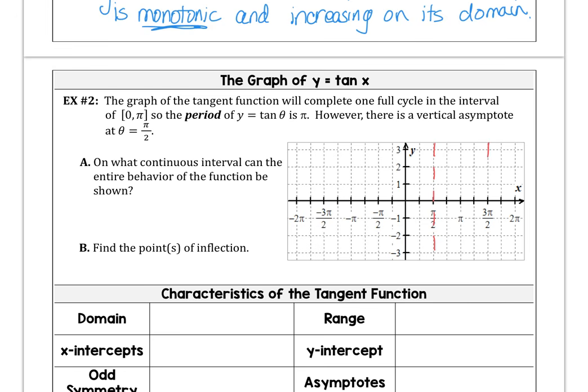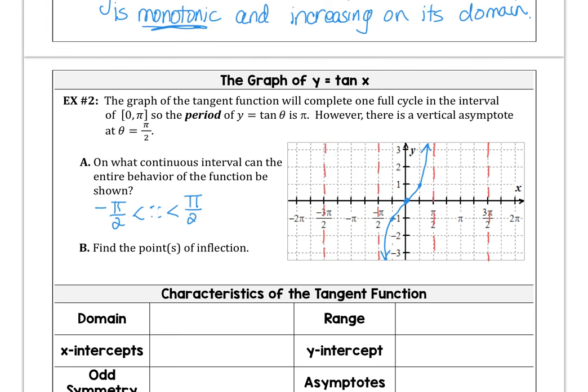That would put another vertical asymptote at 3 pi over 2, another one going to the left at negative pi over 2, and negative 3 pi over 2. So the function is monotonic and increasing over its domain. It looks like this. That gives us the interval from negative pi over 2 to positive pi over 2 for our values of theta.